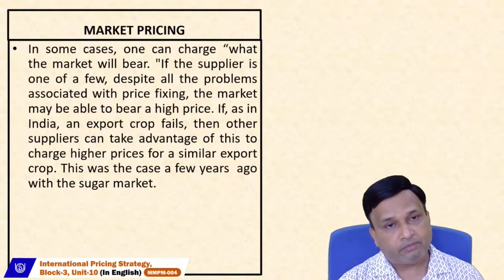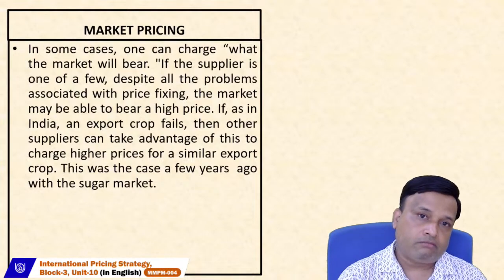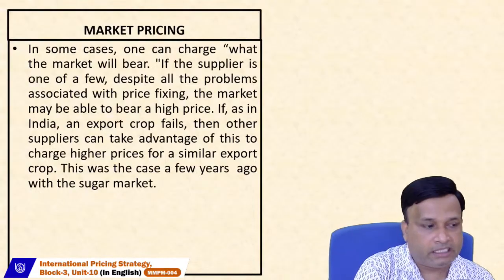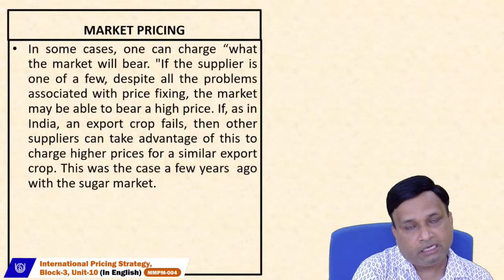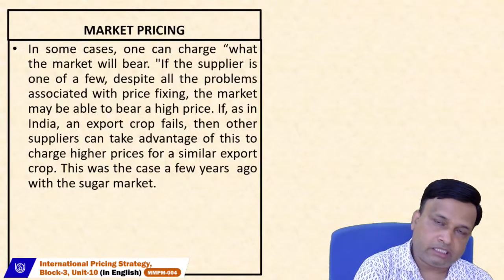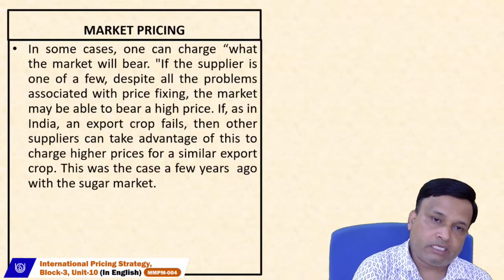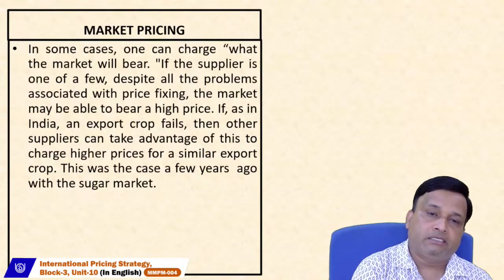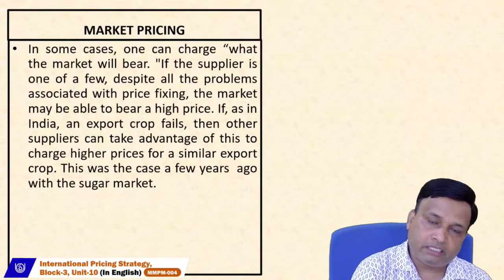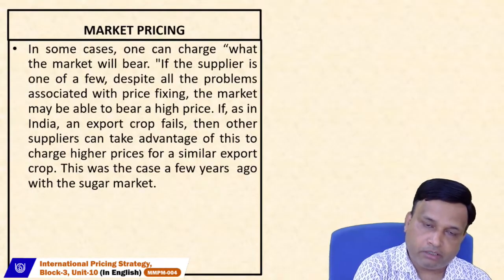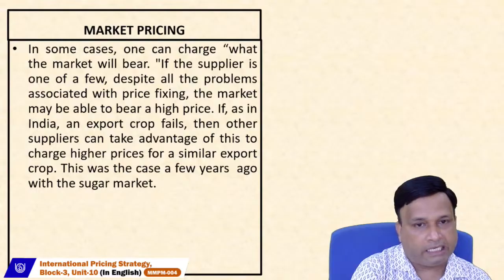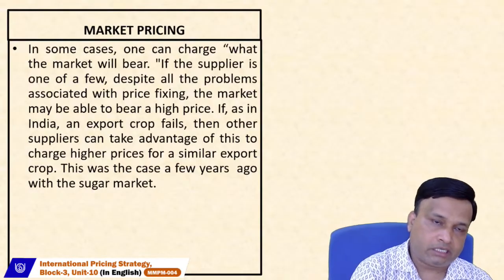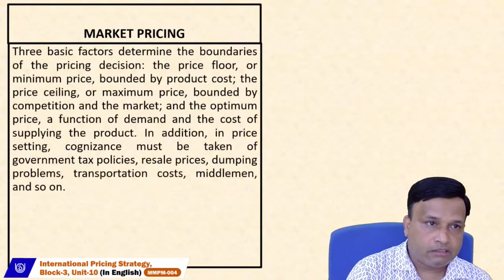As far as market pricing is concerned, demand and supply decide the price. If the demand is high, you can charge a high price; if the demand is low, you can charge a low price. If the market can bear it, then you have to go for that, as in the Indian market.